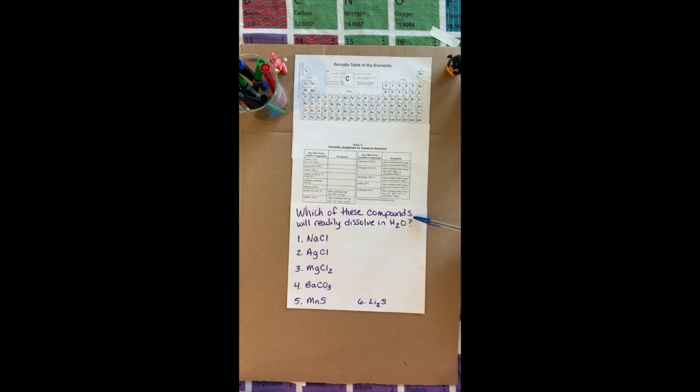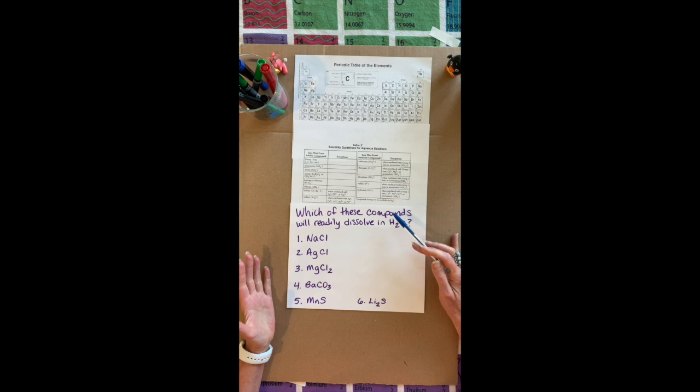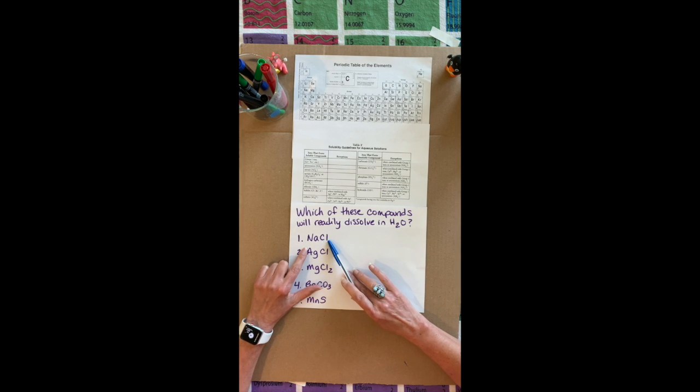Which of these compounds will readily dissolve in water? So readily dissolve meaning in normal conditions, you'll be able to put these substances into a beaker of water, mix it up, and it's going to dissolve, forming a homogeneous solution. Okay, so sodium chloride. Well, guess what?